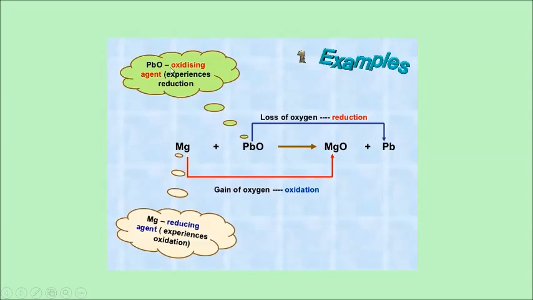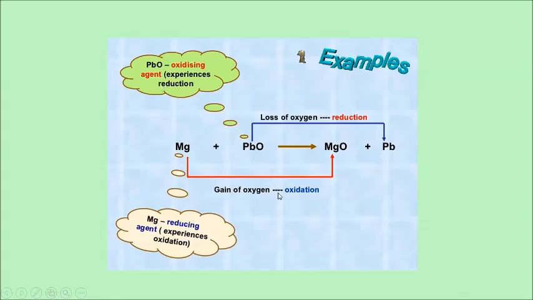Now what we can explain through this equation is that magnesium is acting as the reducing agent. The substance or species which experiences the oxidation is said to be the reducing agent. Same way, the substance which experiences reduction is said to be the oxidizing agent.